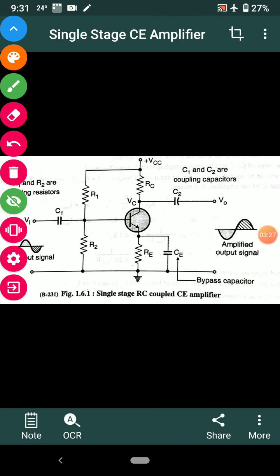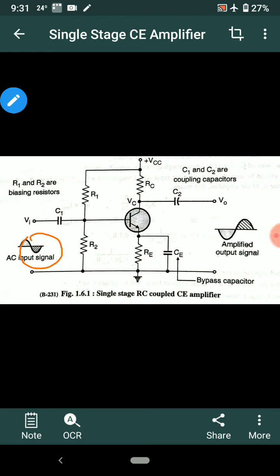Then we can directly consider the operation of this amplifier. When the input signal is given, capacitor C1 gets charged to its initial value, and then this signal goes to the base of the transistor. This transistor is an NPN transistor, so due to the base current, the transistor becomes forward biased. The output is taken from the collector terminal, where we connect one capacitor.